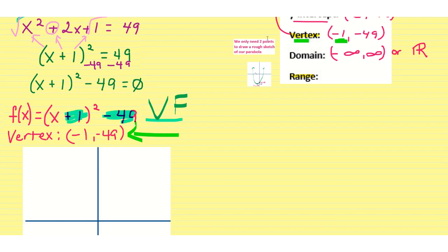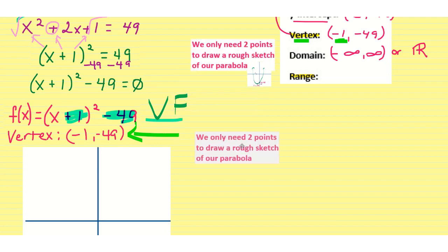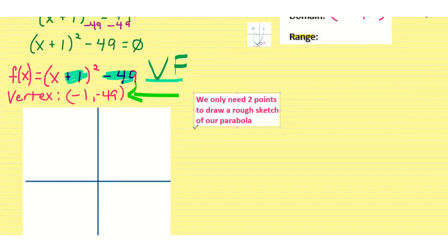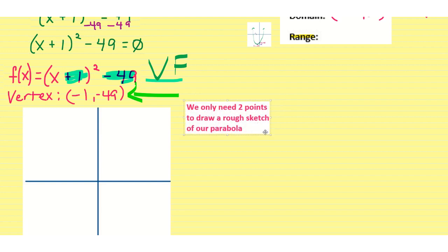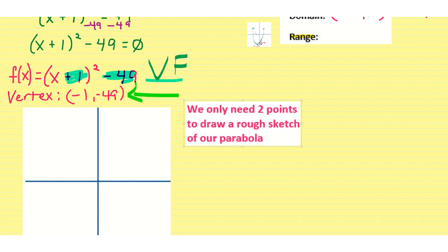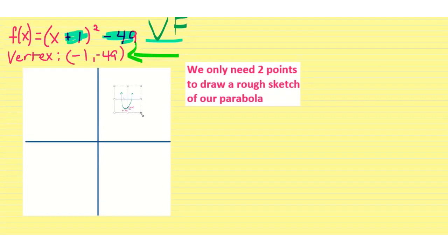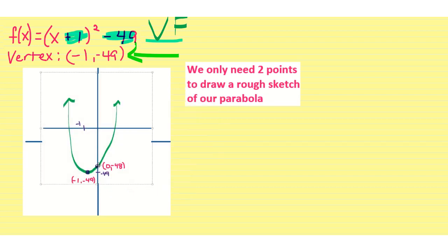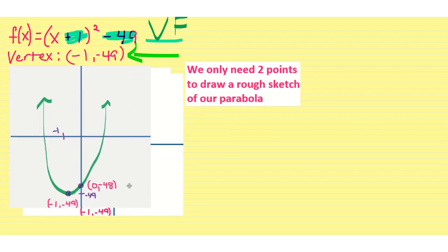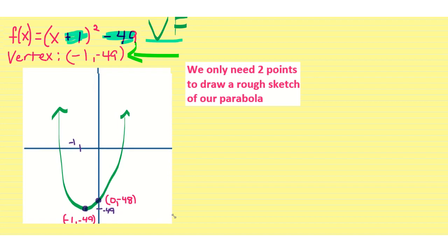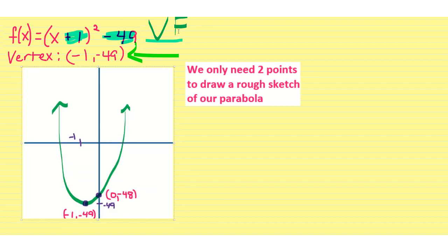We need to understand that we only need 2 points to draw a rough sketch of our parabola. Those 2 points are the vertex and the y-intercept. So if I plot those 2 points, let's go make that. Okay, so here we go.